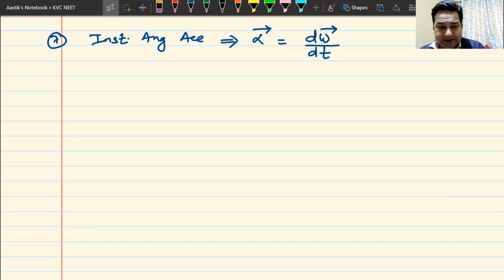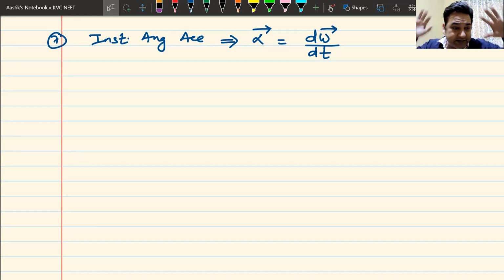If they are rotating on the y-axis, they will either rotate on plus y or on minus y. If they are rotating on the x-axis, they will either rotate on positive x-axis or on negative x-axis. If they are rotating on the z-axis, they will either rotate on positive z-axis or on negative z-axis.